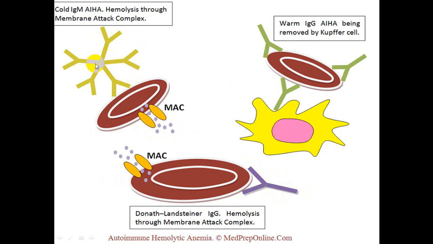This IgM is called a pentamer, has 5 branches, and hemolyzes through the membrane attack complex.